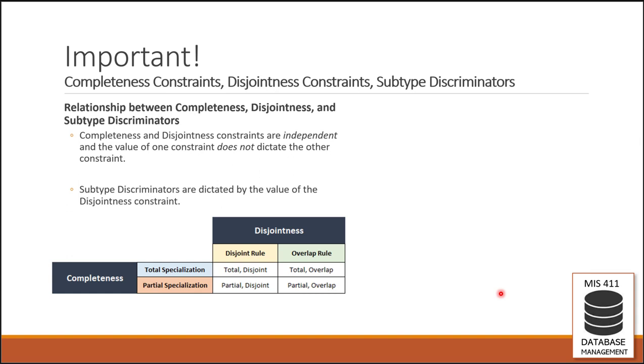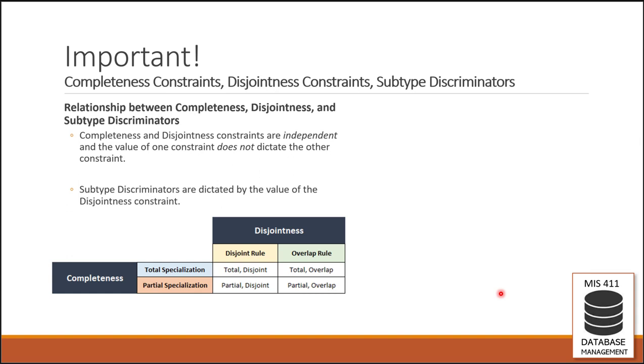The value of the completeness constraint, whether it's total specialization or partial specialization, those are the two completeness constraints, does not dictate the value of the disjointness constraints, which are the disjoint rule and overlap rule. And as you can see on the table below, you can have every combination. You can have total specialization with disjoint rule, total specialization with overlap rule, etc.